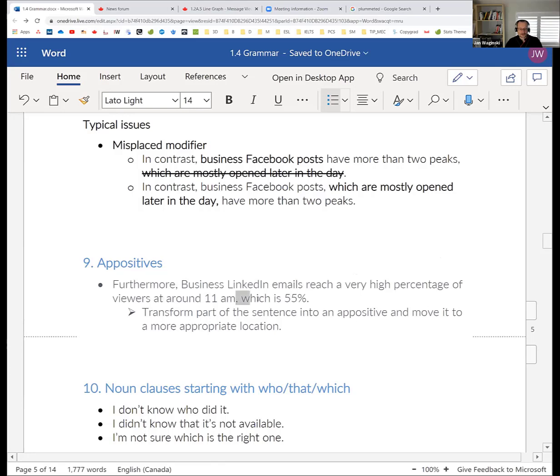And this is a pretty awkward construction. So we want to transform part of the sentence into an appositive and move it to a more appropriate location. I'll just let you figure this out. I'll give you 1 minute to think about it, and then I'll ask someone how they would fix this.